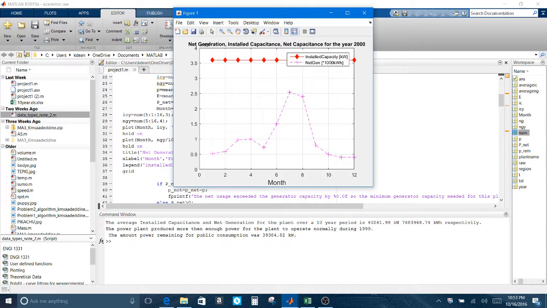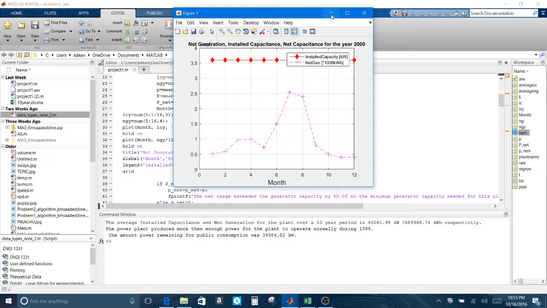So we picked the year 2000, and as you notice here, it tells us the power plant produced more than enough power for the plant to operate normally during 1990. That's an error that needs to be fixed. During the year 2000, and the amount of power remaining for public consumption was this much.